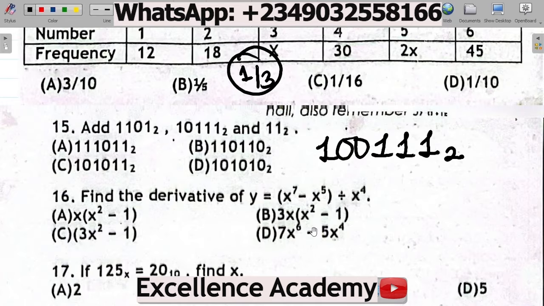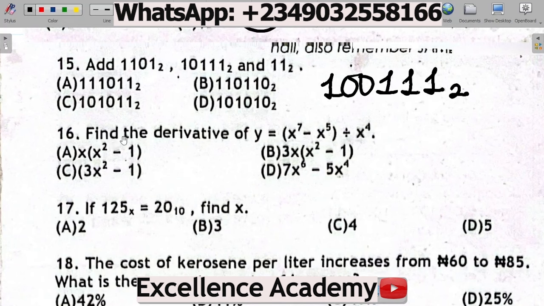Question 16 says, find the derivative of y equal to x to the power 7 minus x to the power 5 all over x to the power 4.